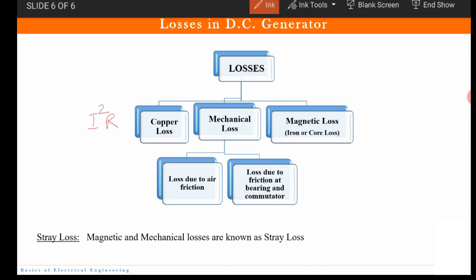And to your surprise, copper loss is about 30 to 40% of the full load losses, so it is the major loss.